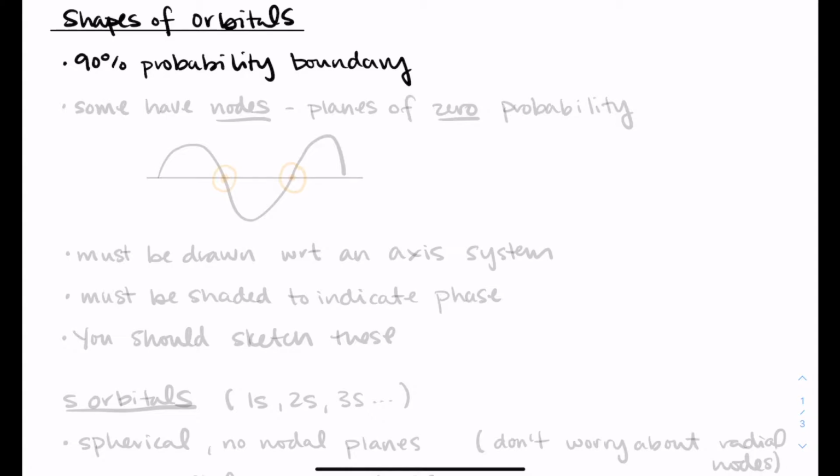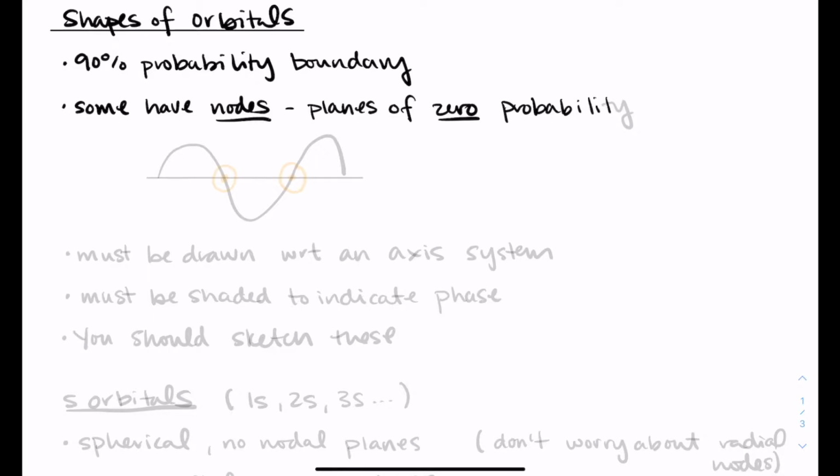So a reminder that this is a 90% probability, right? There's a 100% probability that the electron exists somewhere in the universe, but we'd like to locate it a little bit better than that. There's a 90% probability that it is in this sketched shape that we're going to do.